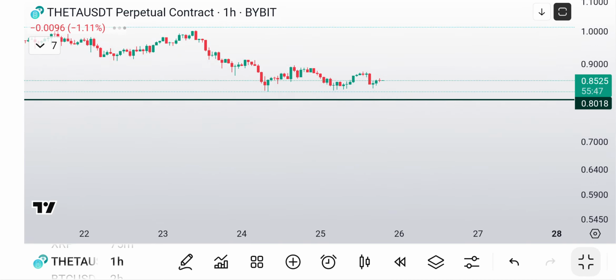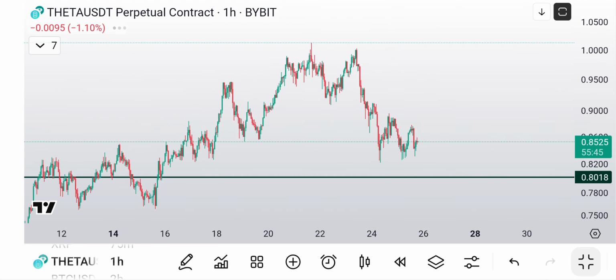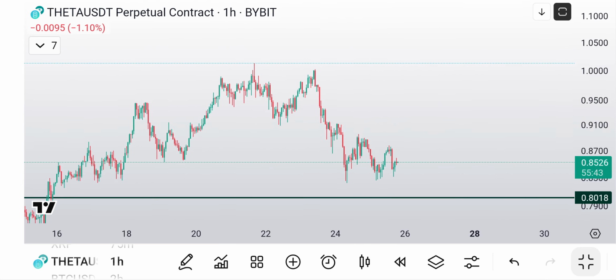So let's look at some more charts here. On the 1 hour, it looks like I don't even really have a wave 1 in here. But like 1, 2, 3, and then A, B, C, D, E triangle, and then 5.